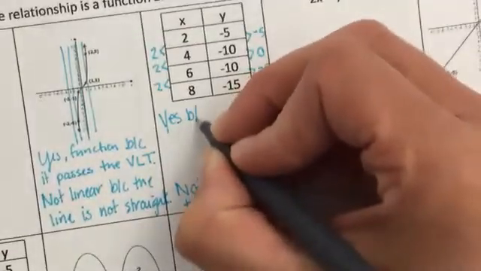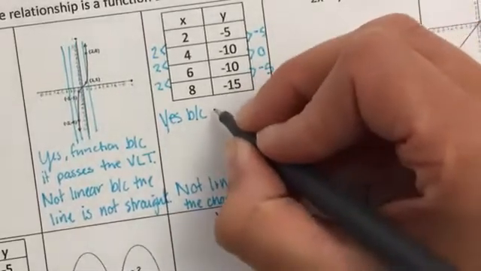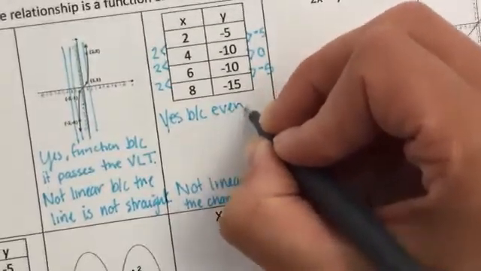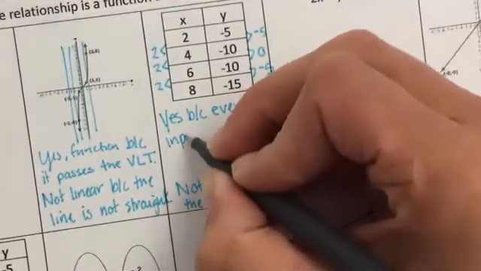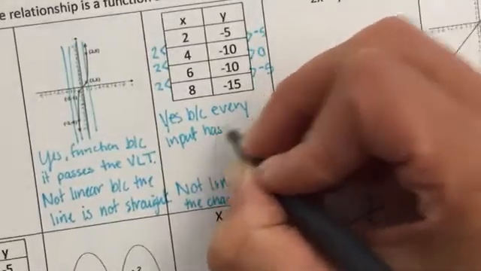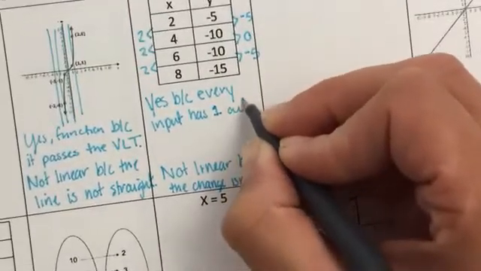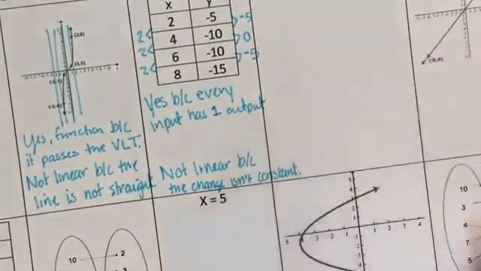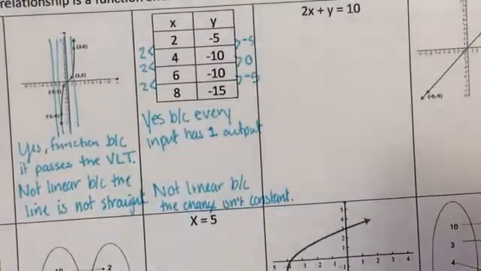So yes. And the reason is because every input has one output. Sorry, I know I didn't make the boxes huge. I thought that was the only thing we're writing. That's okay.